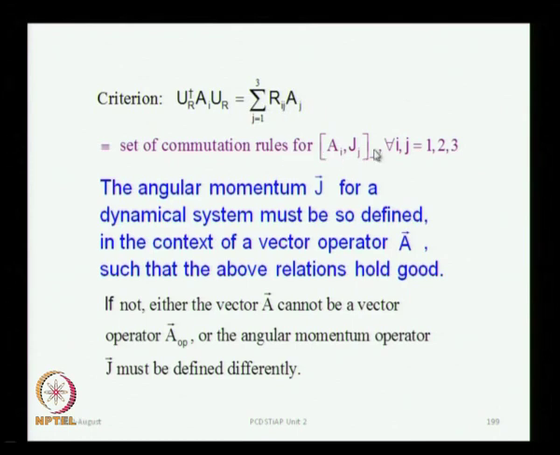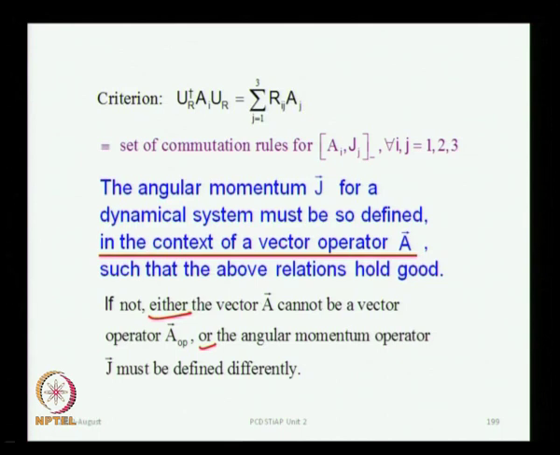If this does not hold for the definition of angular momentum that you have chosen, then it would mean either that A is not a vector operator, or else it could mean that angular momentum has not been defined appropriately. That is the consequence.